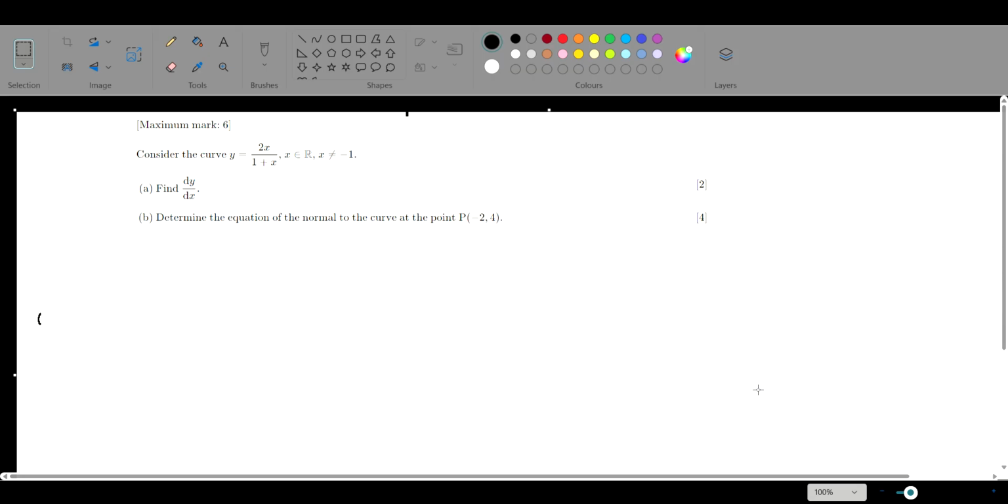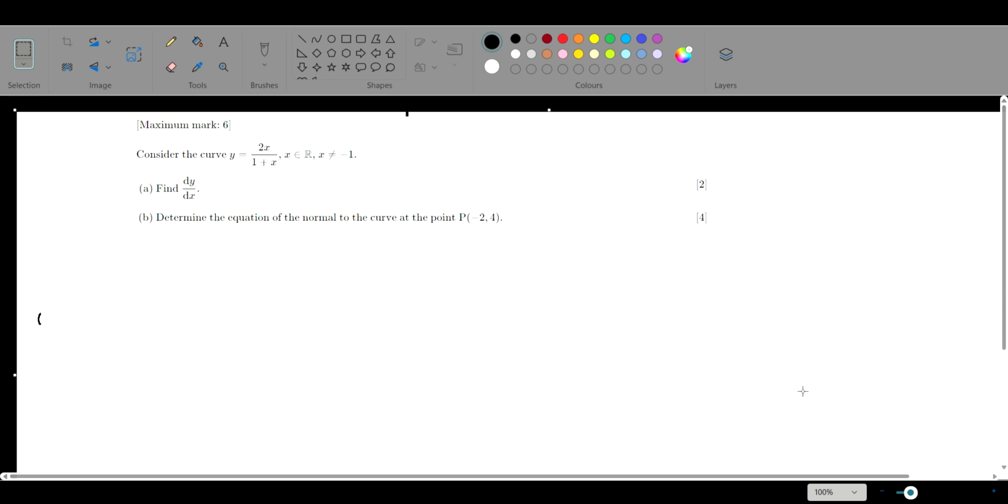What is the dy over dx? So that'll be 2 over 1 plus x squared. And then the equation of the normal line is minus 1 plus x squared over 2 minus a half. Now let's check your answer. I'm solving it.